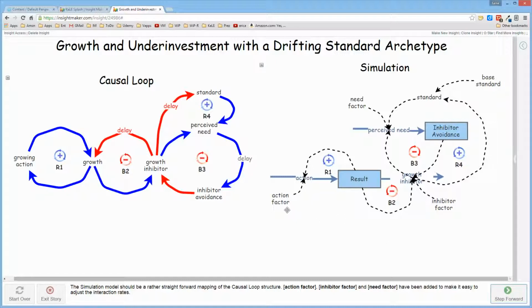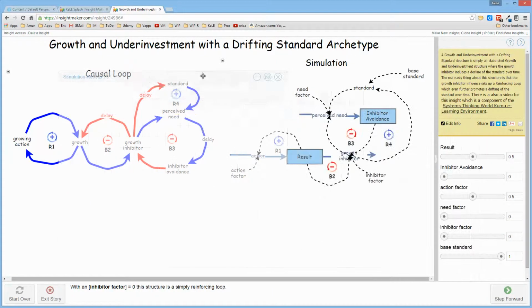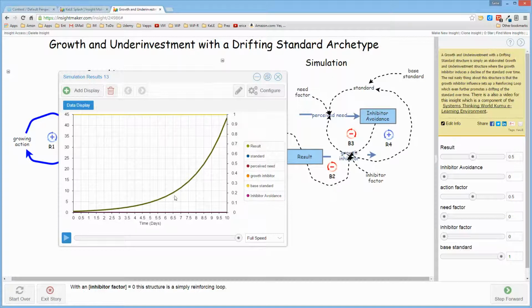And I've added an action factor, a need factor, and an inhibitor factor just to control the rates of action, to be able to interact with the model and alter things to get a better sense of the implications of the relationships. So we run this with just the R1 reinforcing loop.